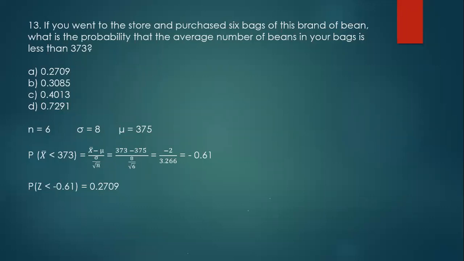We know that when they ask about average, we're dealing with the sampling distribution of the mean. So we can write our probability statement: the probability that X bar, because we're dealing with the sampling distribution, that X bar is less than 373, which is equal to X bar minus mu divided by our standard deviation divided by the square root of n.